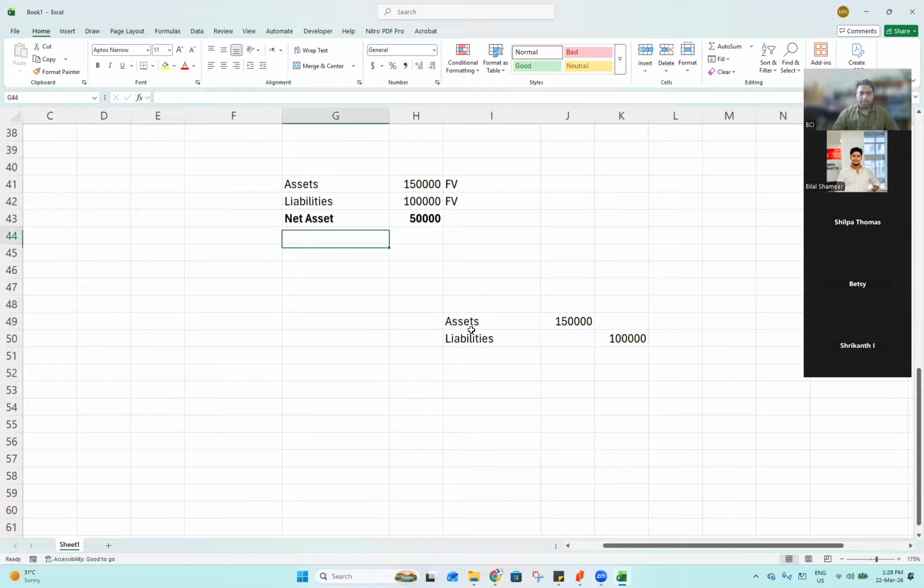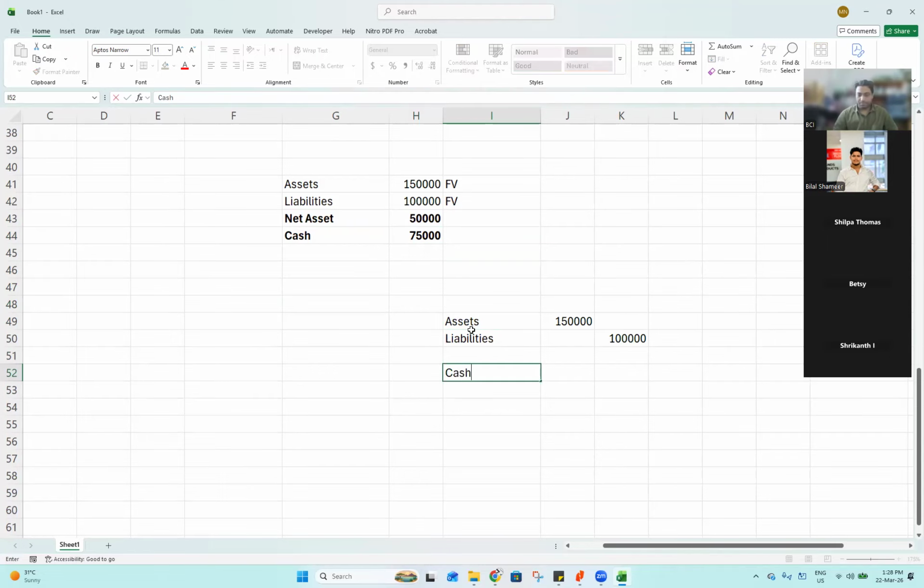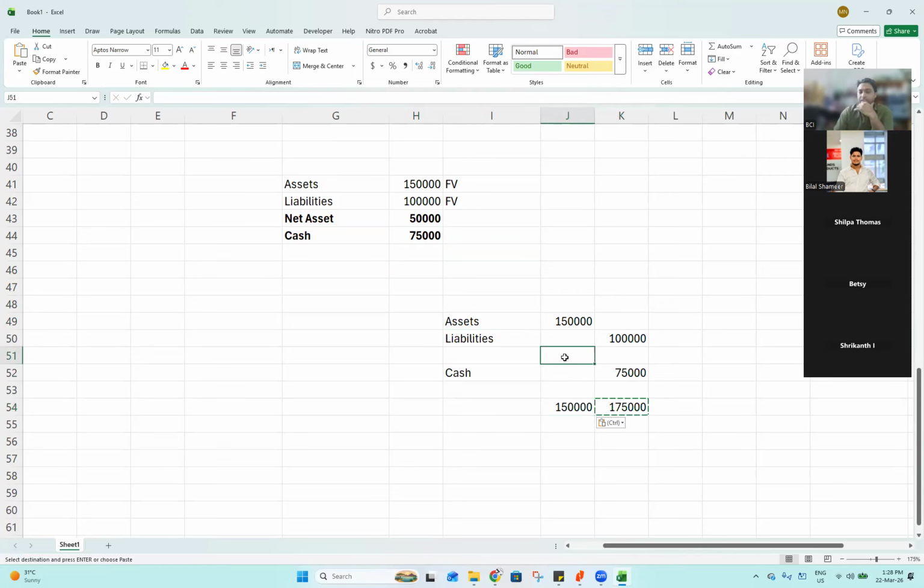For example, you're paying the company cash of 75,000 to get the assets. How much cash are you paying? 75,000. What is the difference here? 25,000. That's the goodwill. Got it?